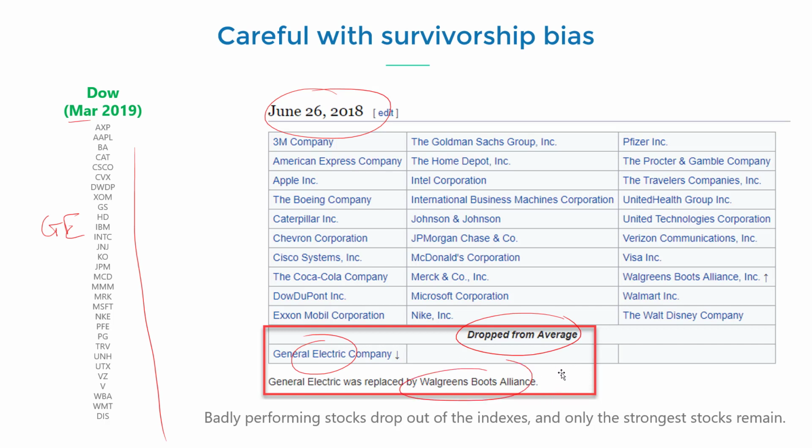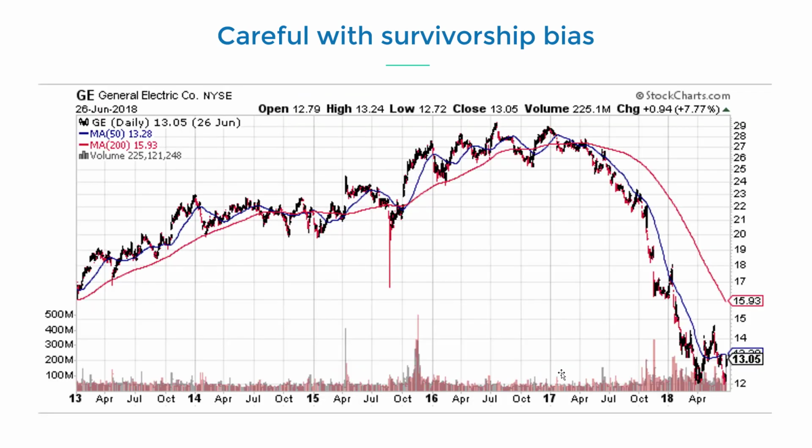You might ask why? Well, that's why. Even though they were doing pretty well, with an earnings issue here, look at this: they went from $30 down to $12. So they got thrown out of the Dow and replaced by something else.